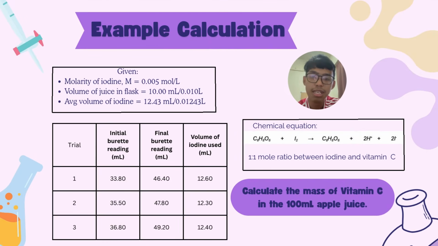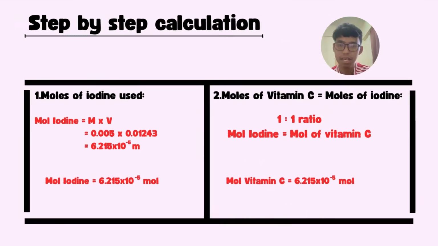As we know, the chemical equation for titration of vitamin C shows that the mole ratio between iodine and vitamin C is 1 to 1. In this experiment, we need to calculate the mass of vitamin C in 100 ml apple juice. This is the step-by-step calculation.